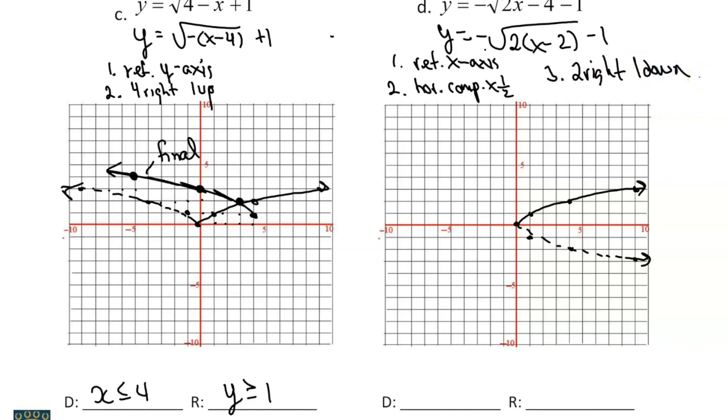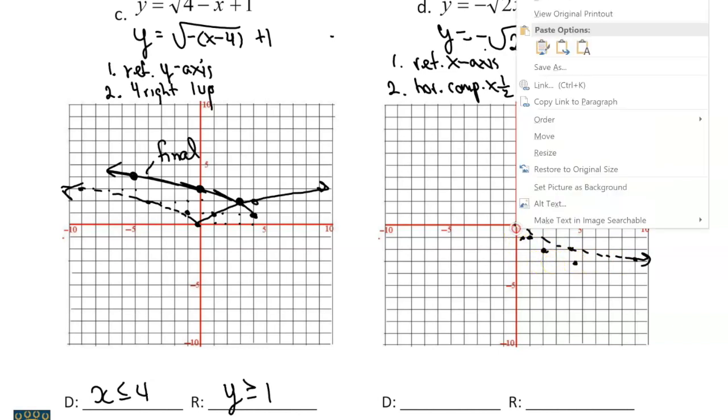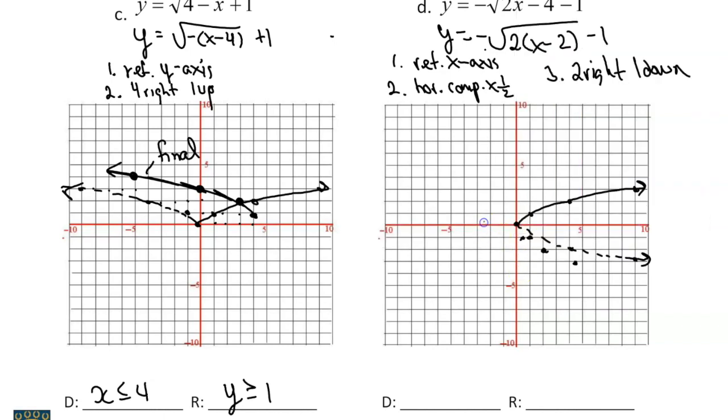Okay, so we've already reflected it over the x-axis. Let's horizontally compress it by a 1/2. It'll look like that.